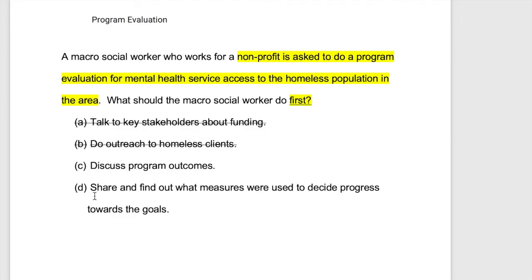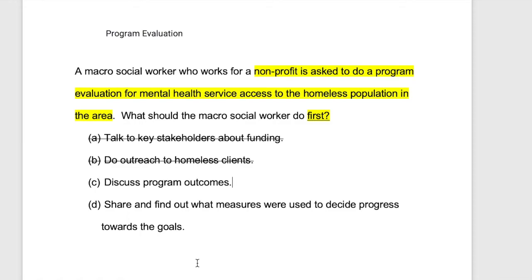Option D, share and find out what measures were used to decide progress towards the goals. Because with option C, we don't need to discuss program outcomes right away. We're going to want to first share what was used to decide progress towards those goals.